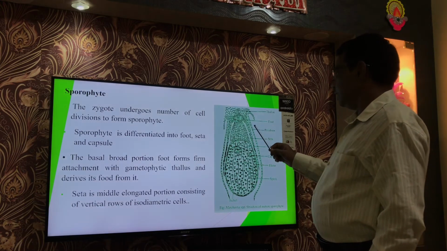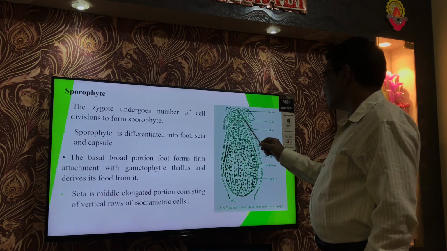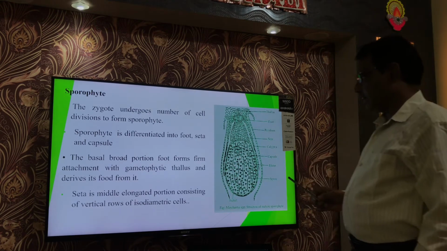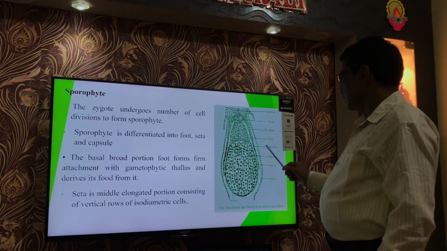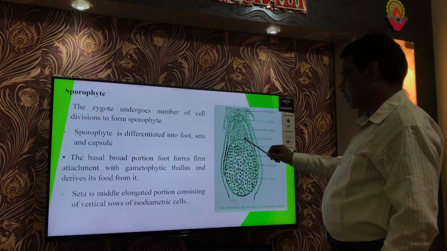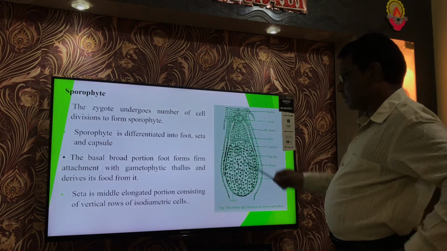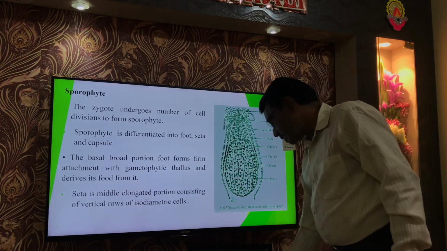So here this foot is a large bulbous structure that forms the firm attachment with the gametophytic thallus, and it derives its food from the gametophytic thallus. Seta is an elongated middle portion of this sporophyte, and it shows the presence of a large number of vertical rows having isodiametric cells.